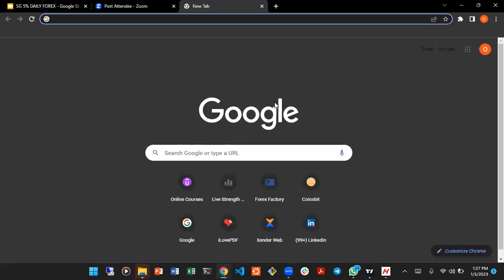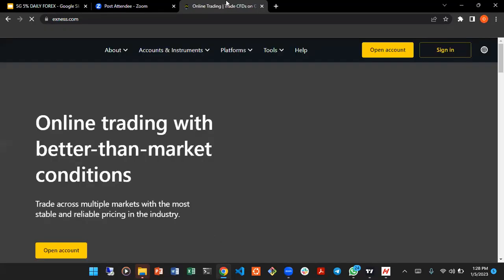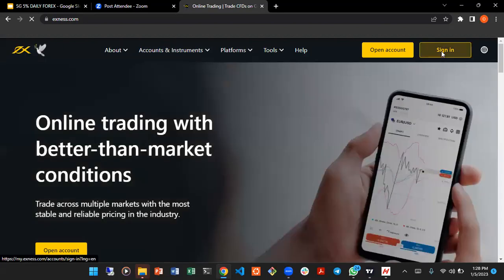Let me log into my XNES account. Have you typed yes if you can see my screen? All right, thank you very much. So let me log into my XNES account so that you see different types of leverage in XNES. All right, let me log in.